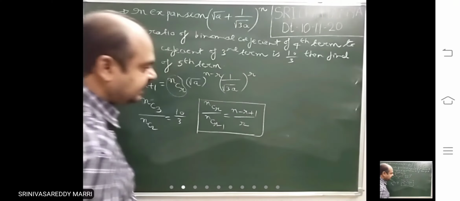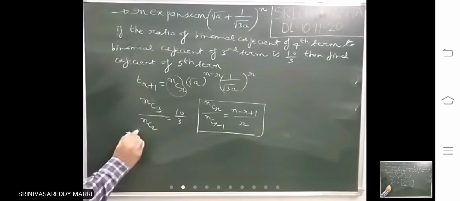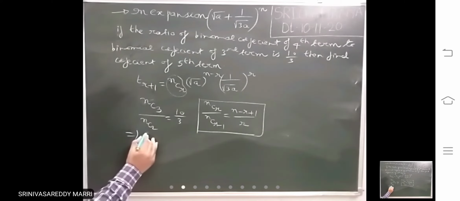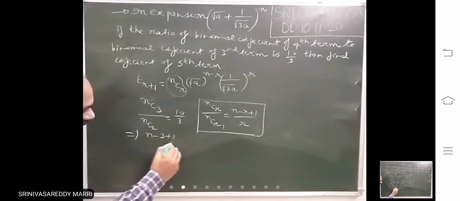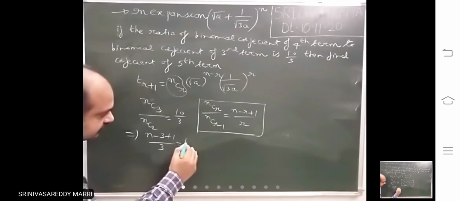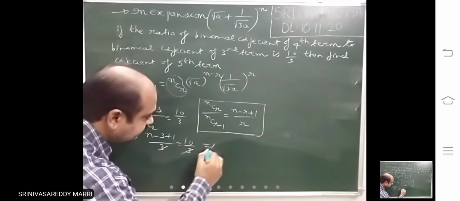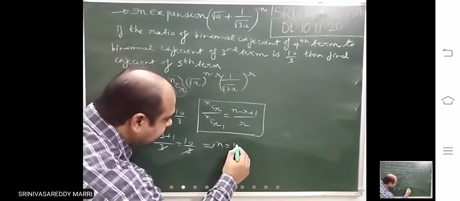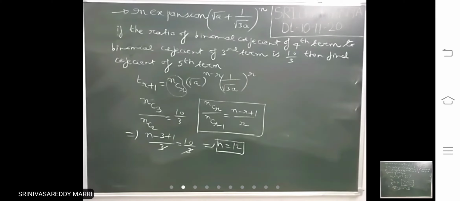Always make use of this property. Here r is 3, so (n minus 3 plus 1) divided by 3 equals 10 divided by 3. Simplification will be easy. So n equals 12. So you got the n value.